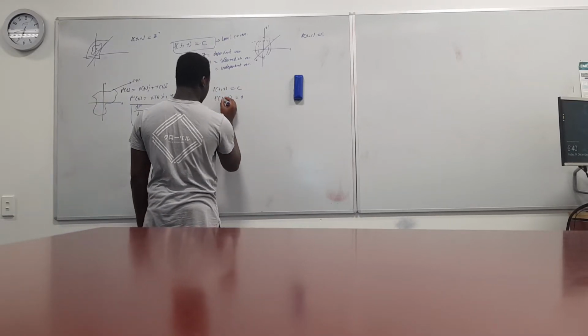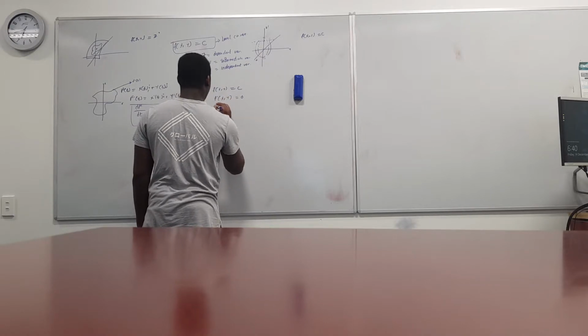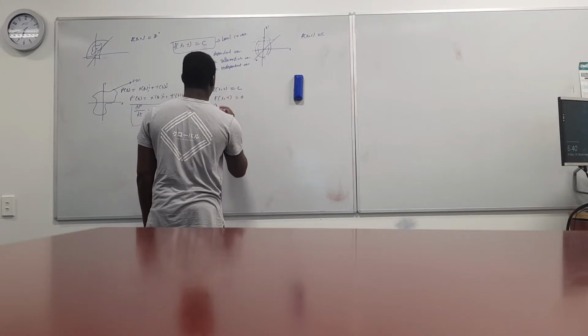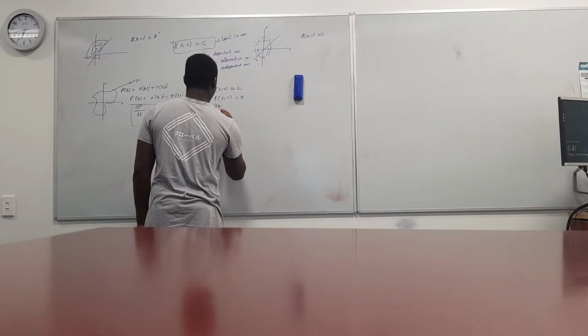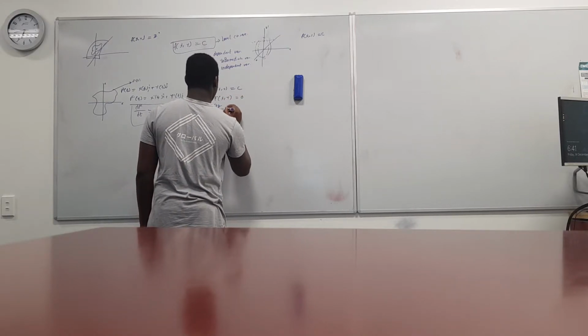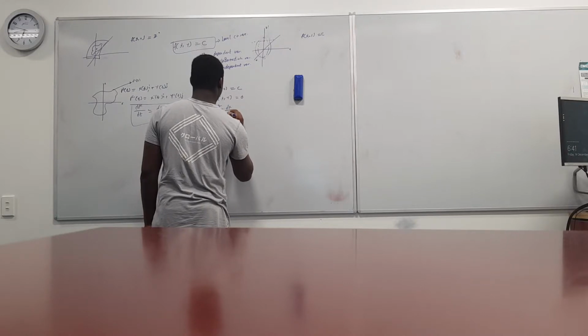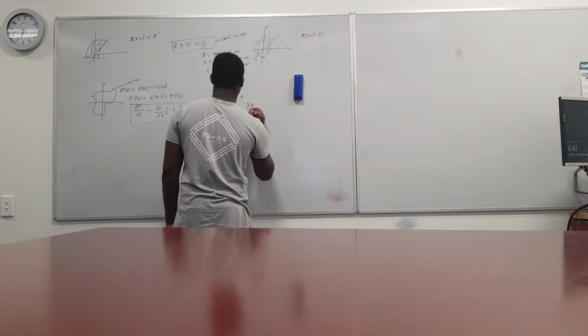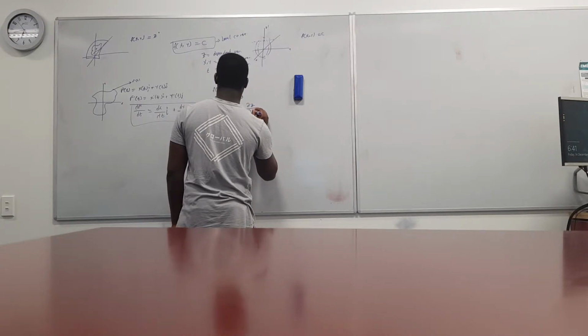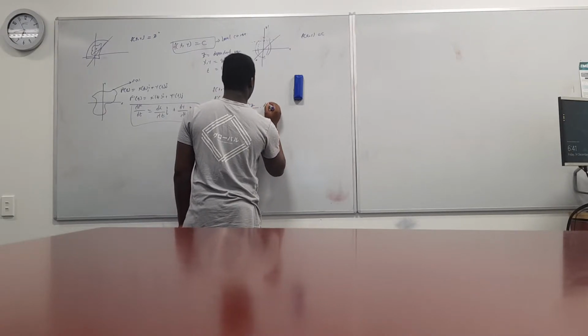So for this to be so, we have the partial of z with respect to x times dx dt plus the partial of z with respect to y times dy dt equals 0.